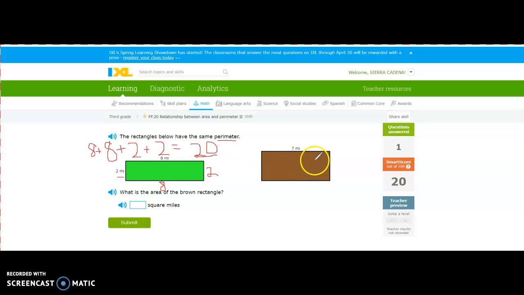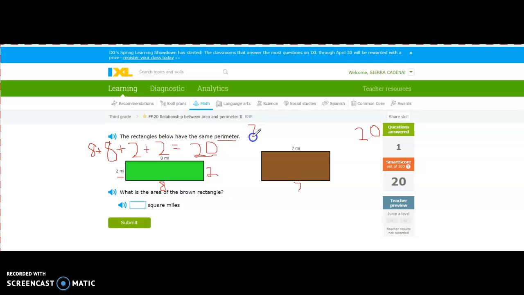So I know something about this brown rectangle. It also has a perimeter of 20. Okay? If I know this side is 7 miles, I also know that this side is 7 miles.